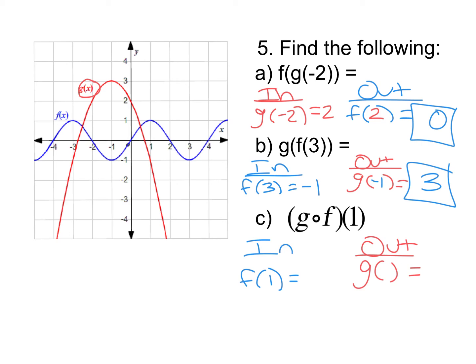F of 1, I go to +1, and I go to my blue function. So I'm up 1, like my y value is 1. That y now becomes an x at 1. My g is -1. And that's it, -1.